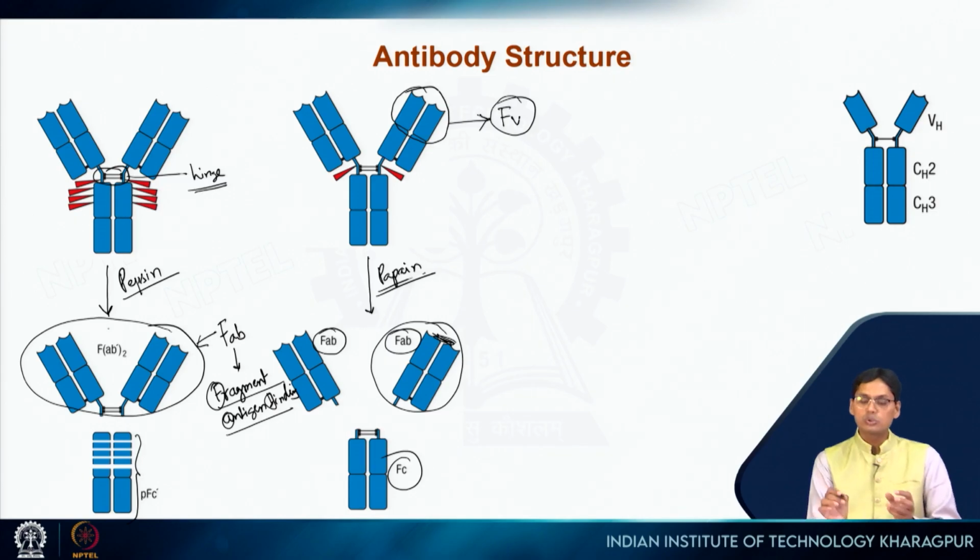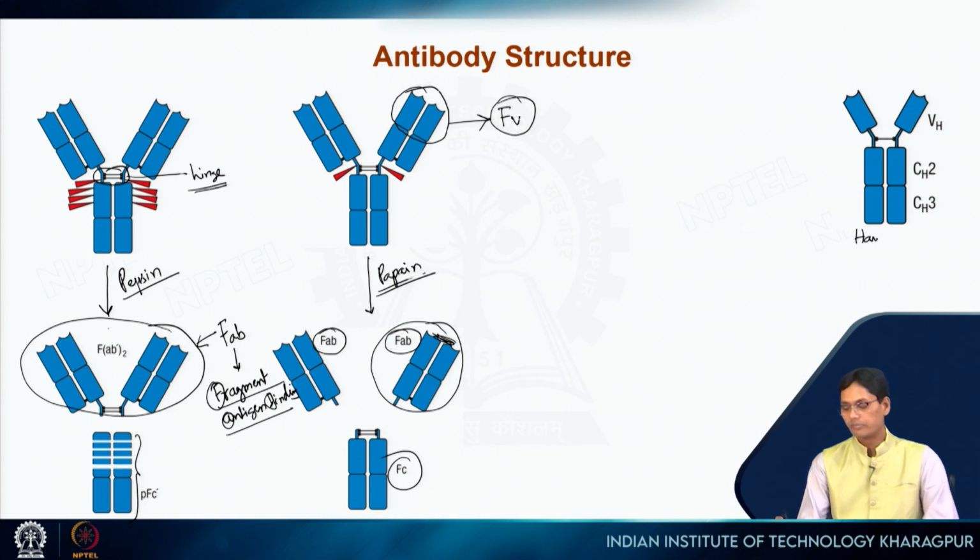The only thing is that these two variable domains of the light chain and heavy chain might fall apart. So in order to make this kind of Fv construct, we have to stitch these two domains together by some amino acid linker. That's all. And this is our unconventional antibody, right?